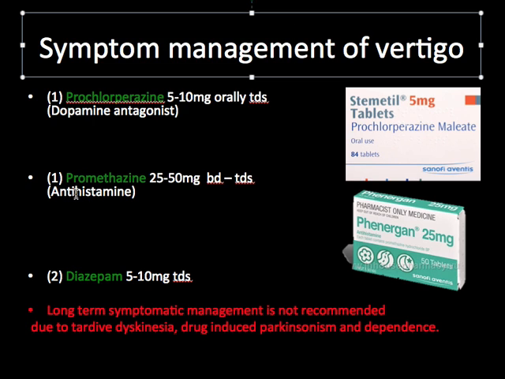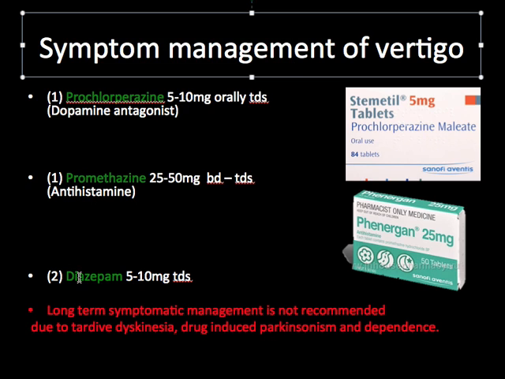Alternatively, you could try an antihistamine called promethazine, or Phenergan, which can help with symptomatic management of dizziness caused by vertigo. However, according to the guidelines, it's best to actually treat the disease rather than have long-term symptomatic management, as some of these dopamine antagonists particularly can cause drug-induced Parkinsonism because they play with the dopamine pathways.